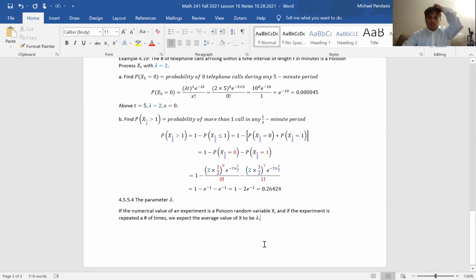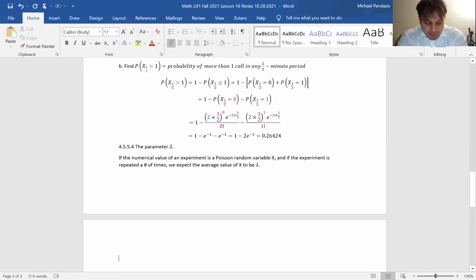So you expect the average tends to lambda. If you repeat the same experiment enough times, eventually the average value will be very close to lambda, and so you can assume it is lambda. Okay, so that's a new topic.